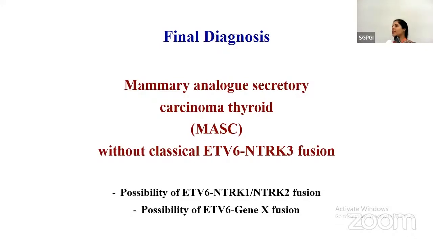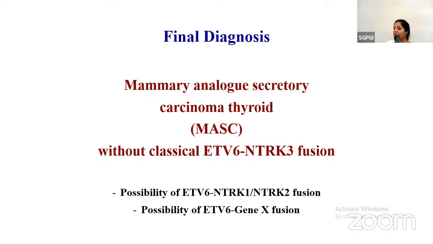When I was undergoing the literature search, many cases are documented. In fact, there are series of 3 cases, 4 cases, where the ETV6 gene can have a different fusion partner. Most of the time, it is NTRK3, which is now considered to be a diagnostic genetic abnormality in this tumor.